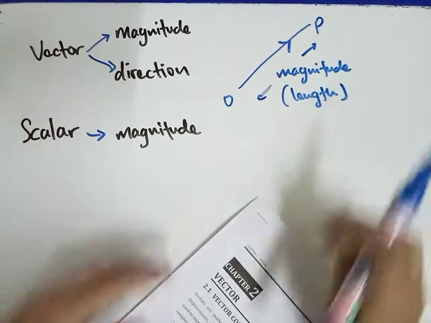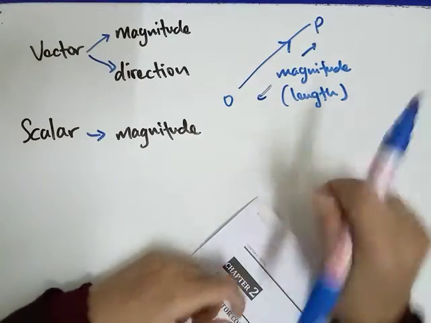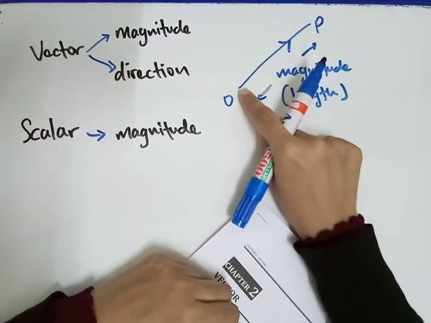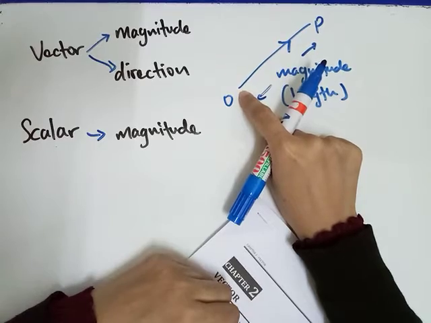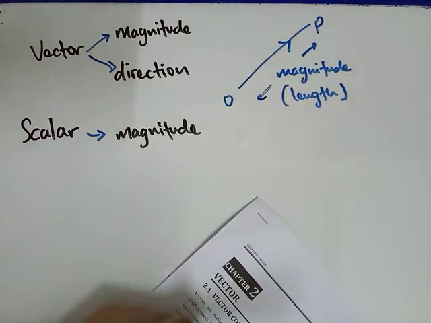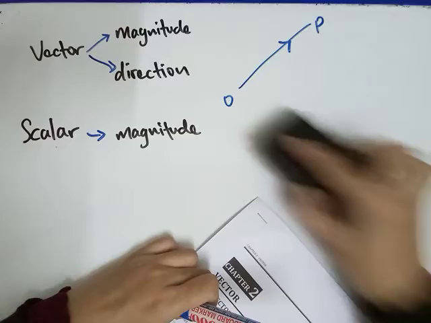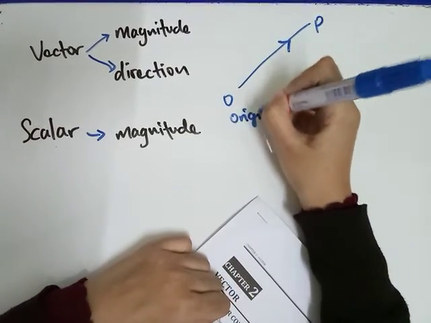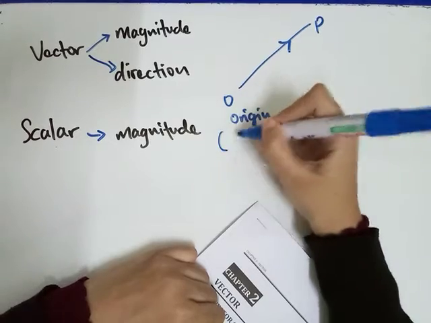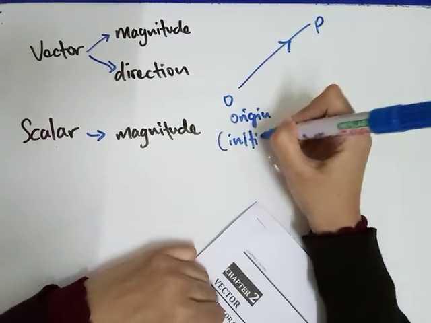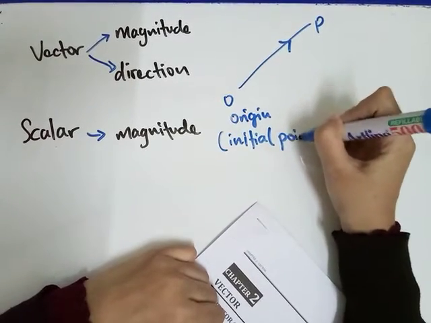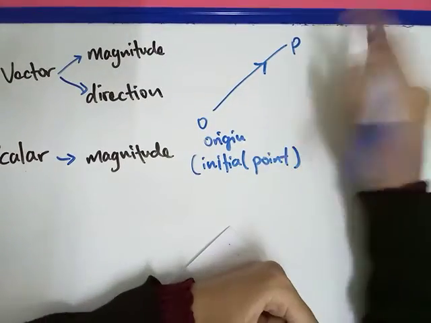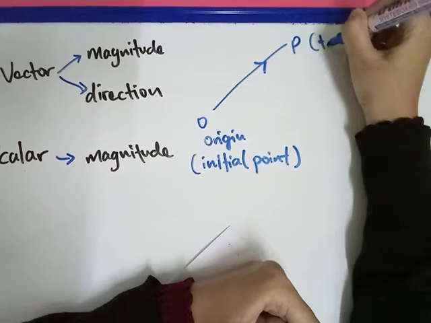Alright, for vector OP, the tail of the arrow is known as the origin, or initial point. For point P, it is the terminal point.